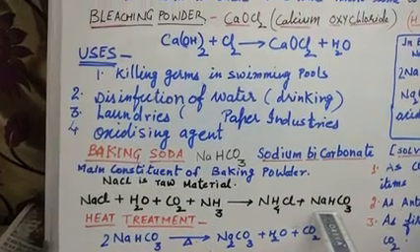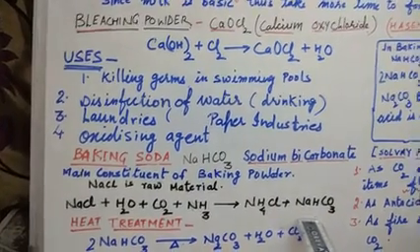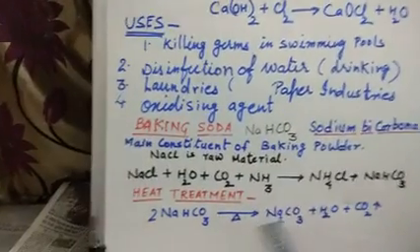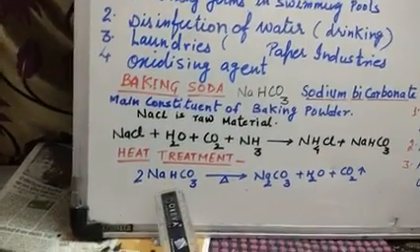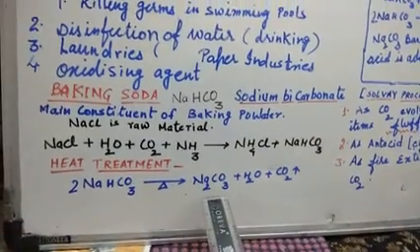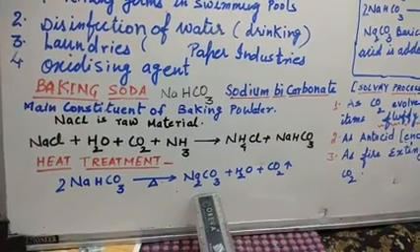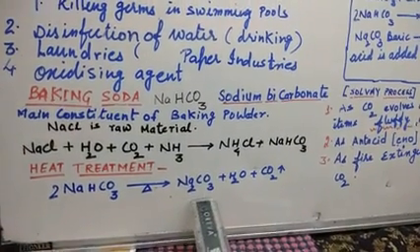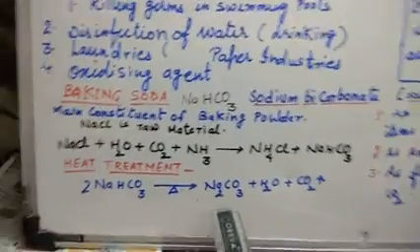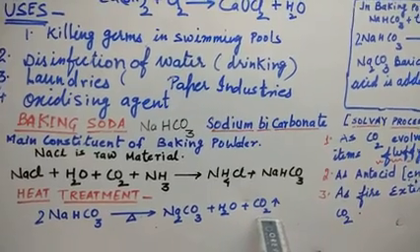In properties of baking soda, only one property we are doing, students, that is heat treatment. Heat treatment means if this NaHCO3 is heated strongly, it gives Na2CO3, that is sodium carbonate. H is not there now. Na2CO3 is sodium carbonate, and water and carbon dioxide evolve out.